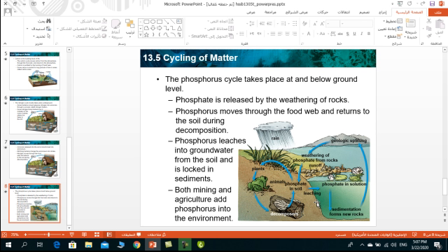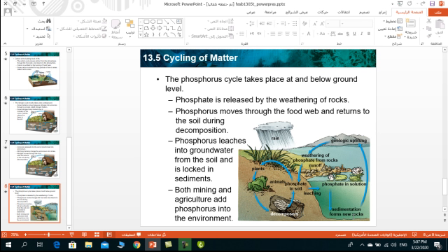Some of it leaches into the groundwater, and these sediments eventually are compressed to form new rocks again over millions or thousands of years. These sediments eventually become rock again, and the cycle starts again, and phosphate is released by the weathering of the newly formed rocks.